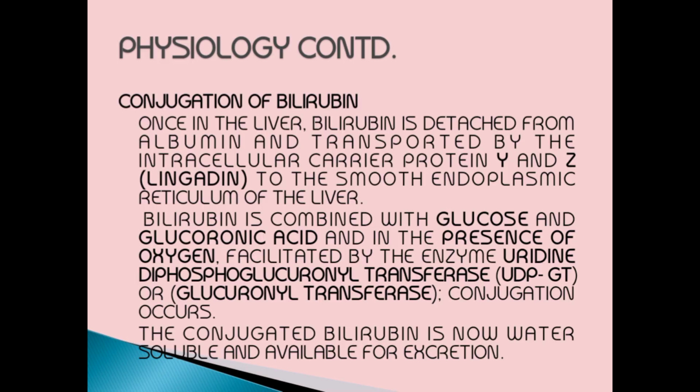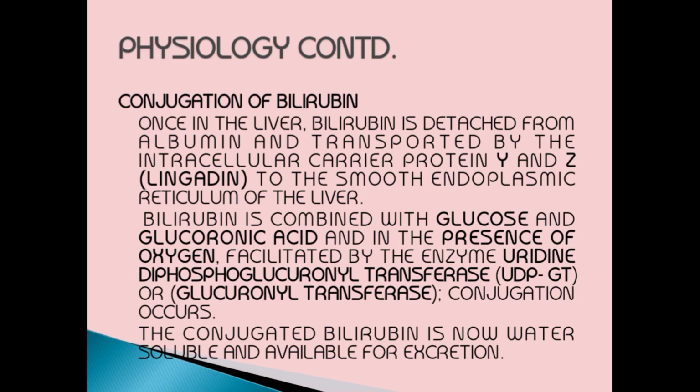So here is where there will be conjugation. Since the unconjugated bilirubin has been transported to the liver bound to albumin, they bind it in the liver.